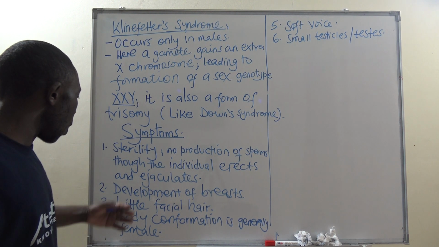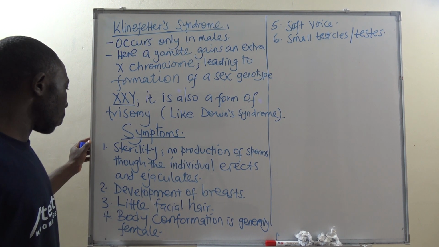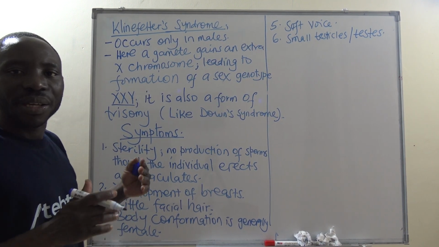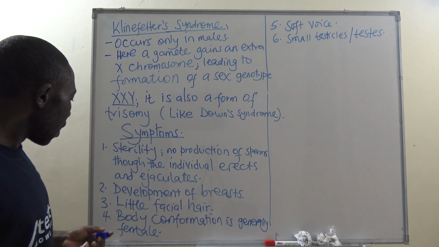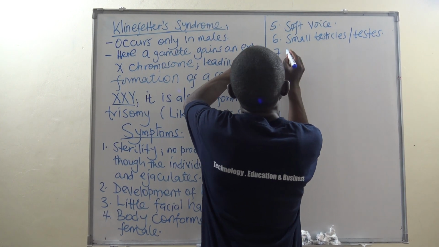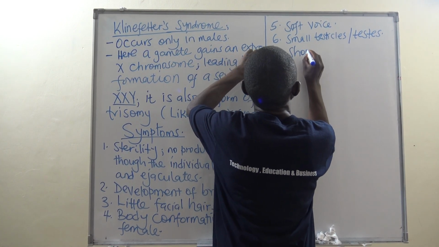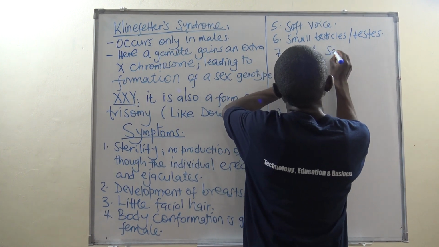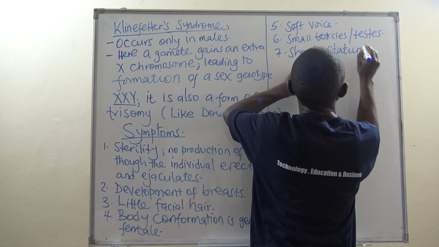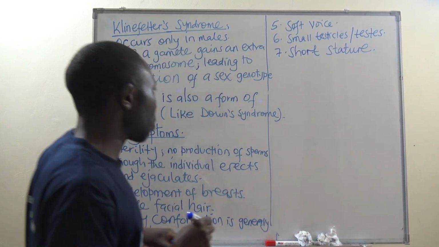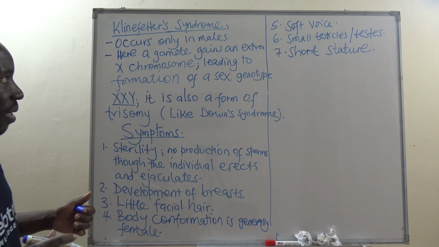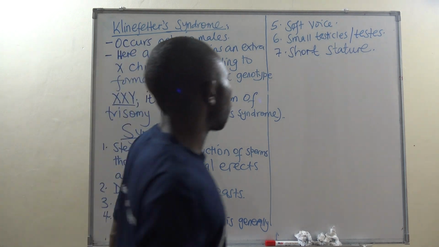So we are moving on with the symptoms here of a person who has Klinefelter's syndrome. Okay? Now, the other one here, that is 7, short stature. The person is short, or the person in most of the cases is a dwarf. So in most of the cases the person is a dwarf.